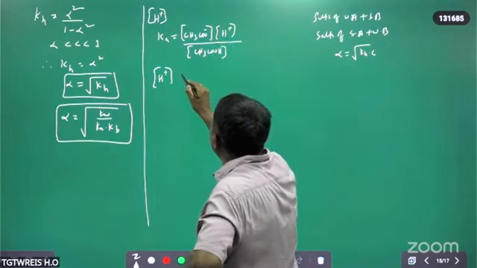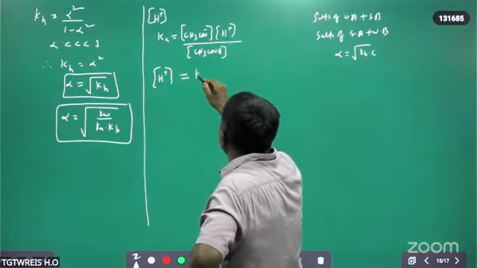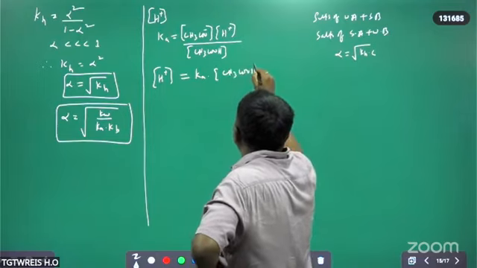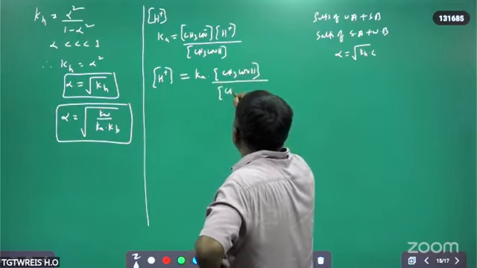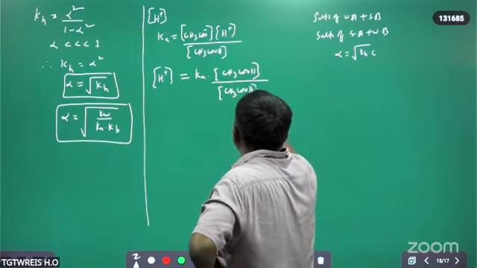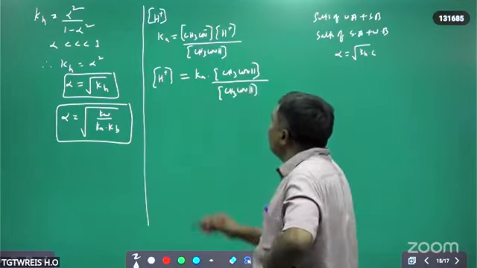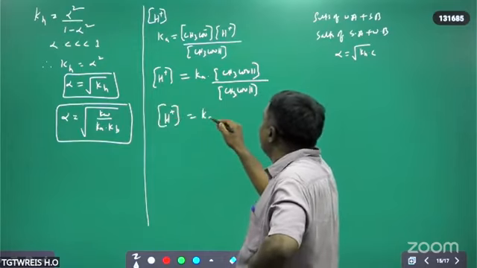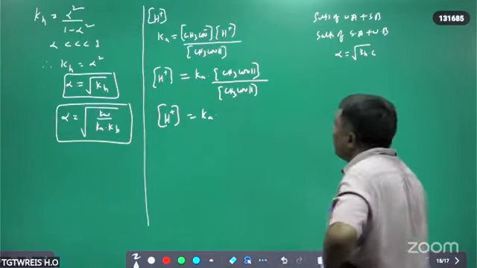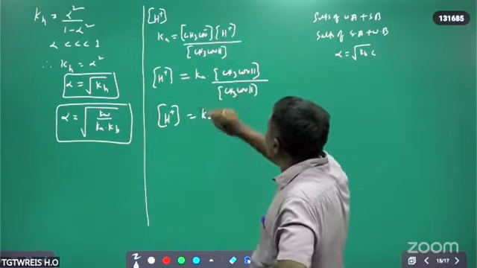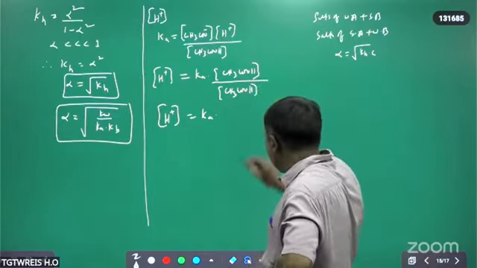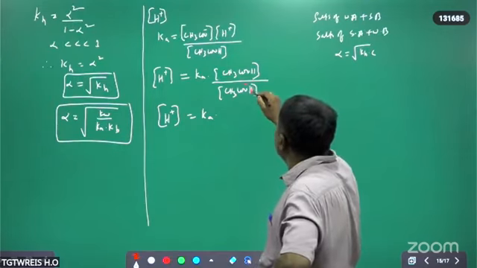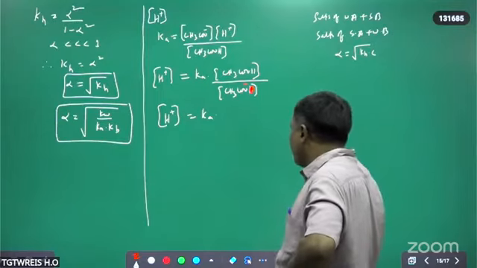From this expression, H plus ion concentration is equal to Ka into acetic acid concentration by acetate ion concentration. So H plus ion concentration is equal to Ka into the acetic acid concentration by acetate ion concentration. This is only the H plus ion concentration, not the acetic acid concentration.